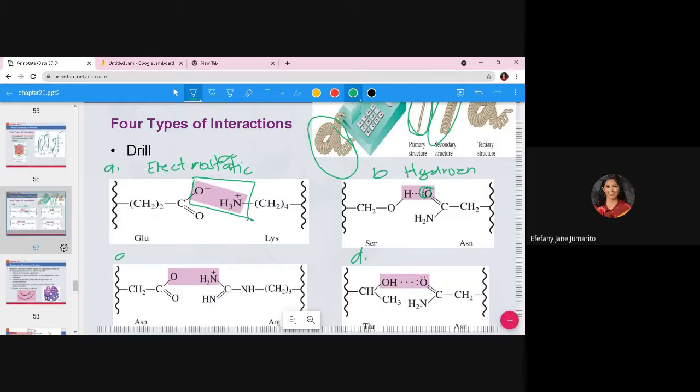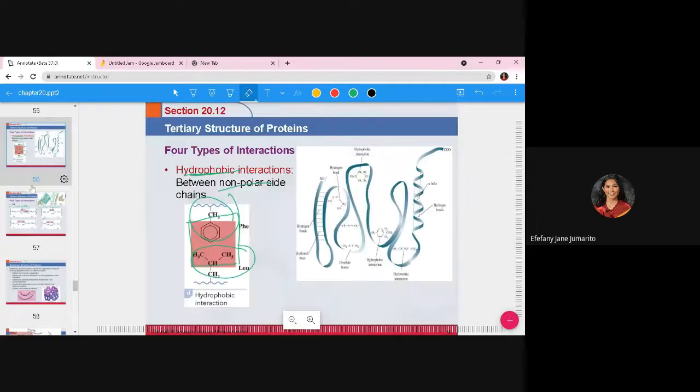Hydrogen bond. Hydrophobic, ma'am. Oh, kung hydrophobic, di ba dapat non-polar? Non-polar din eh. Okay, hydrogen bond, ma'am. Okay, now let's go back.